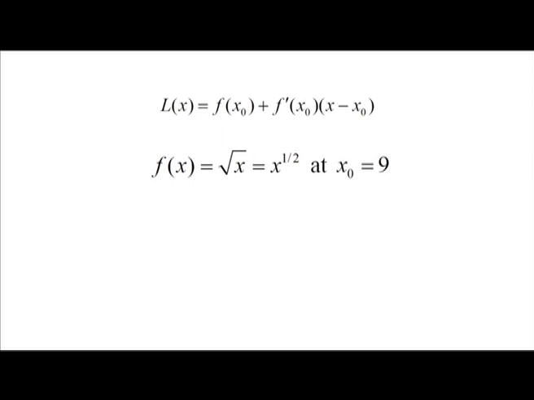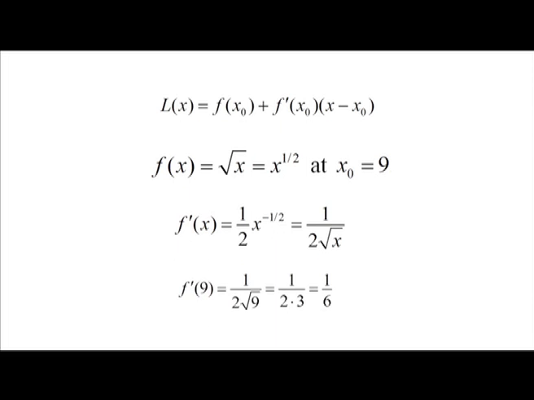We have f of 9 equal to square root of 9, which is equal to 3, and also f prime of x equal to 1 by 2 times x to the power minus half, which is equal to 1 by 2 root x.